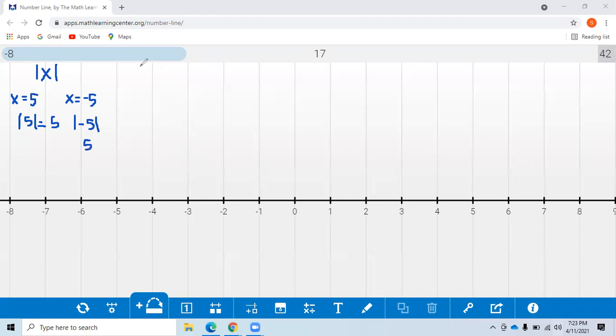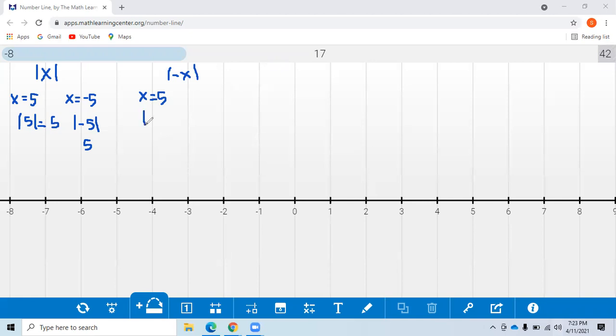Let's look at another case. Let's look at the absolute value of the opposite of x. And we're going to consider these same two numbers. Let's let x equal 5. And we need to substitute 5 for x.